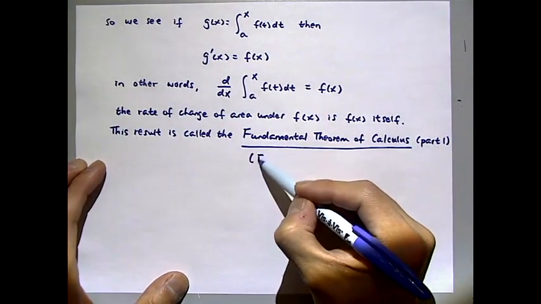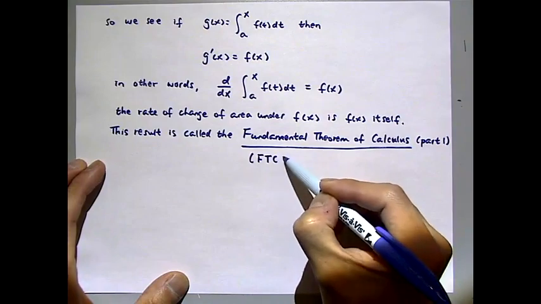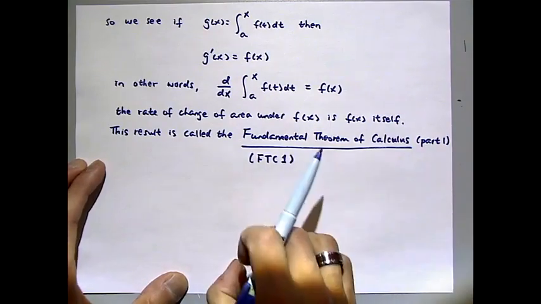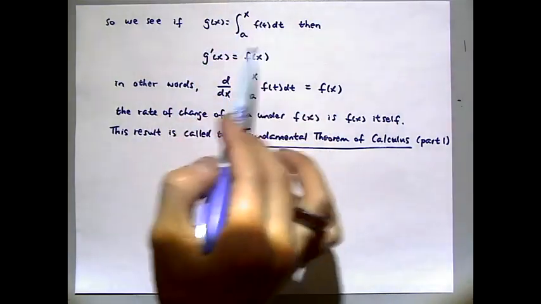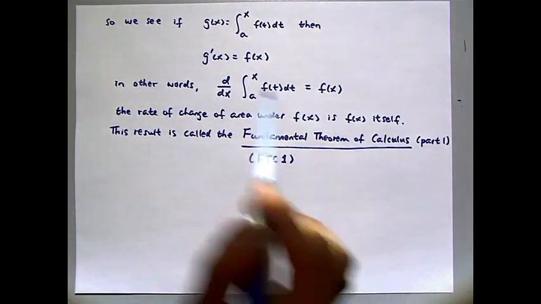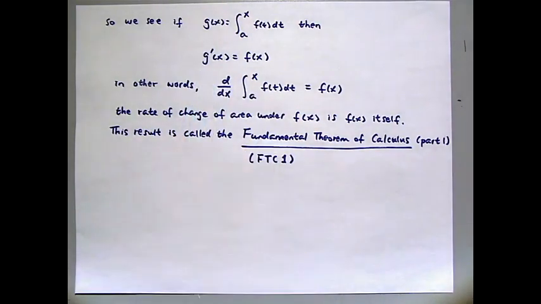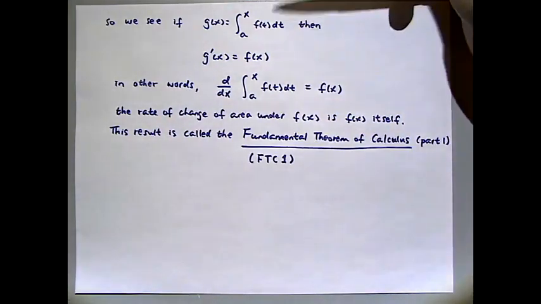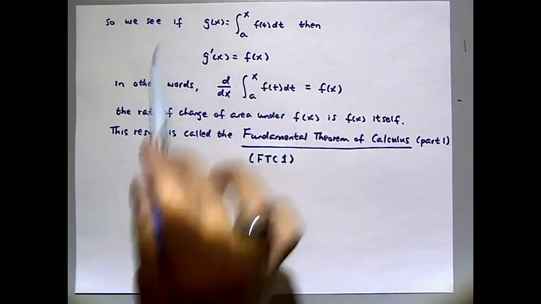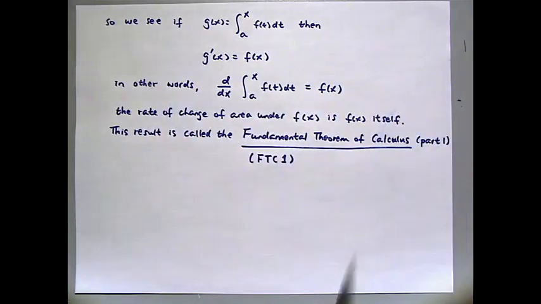I'll abbreviate this as FTC1 from this point on. The first part of the fundamental theorem of calculus. The important thing here is that it establishes a connection between integration, accumulating area, and differentiation, finding the slope of something. The slope of something and the accumulation of area, now we can see, is somehow tied together depending on what the functions look like.